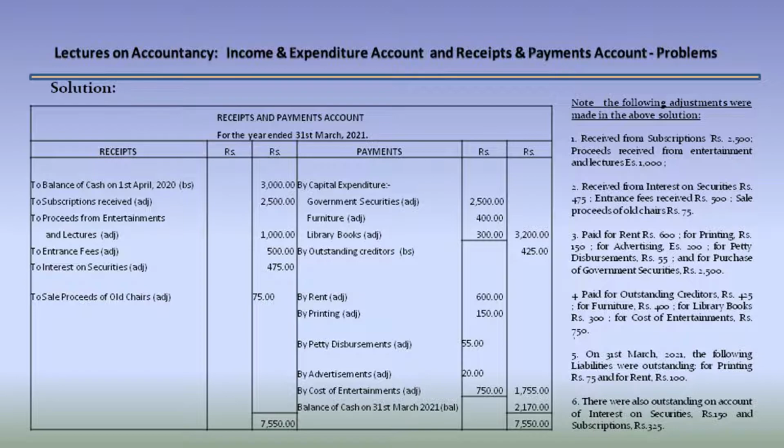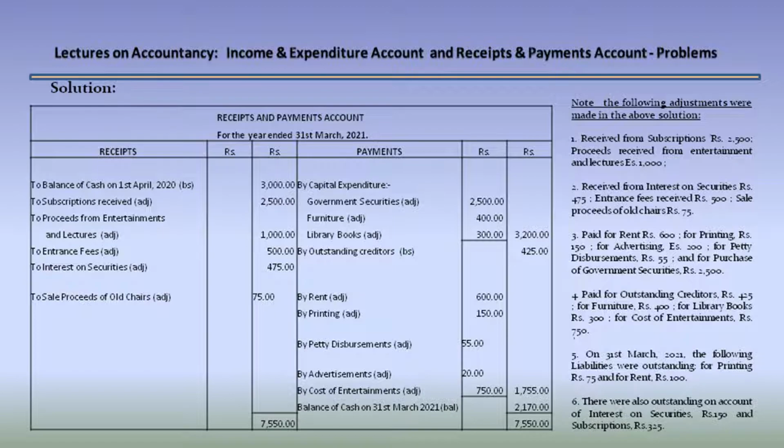On the payment side, by capital expenditure, government securities from the adjustments 2,500, furniture from the adjustment side 400 rupees, library books from the transactions and adjustments 300, outstanding creditors from the opening balance sheet 425 rupees, rent paid 600 rupees, by printing 150 rupees, by petty disbursements paid 55 rupees, advertisements paid 200 rupees, cost of entertainment adjustment 750 rupees.